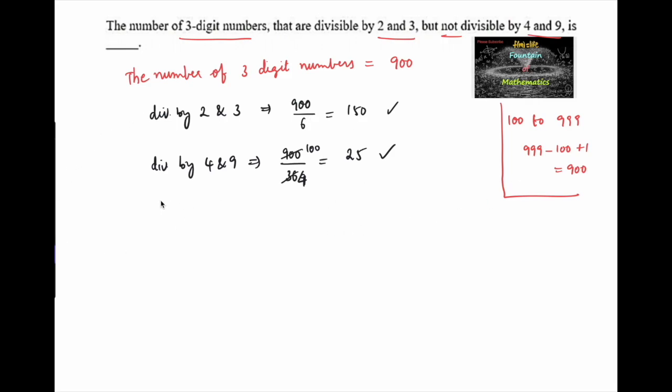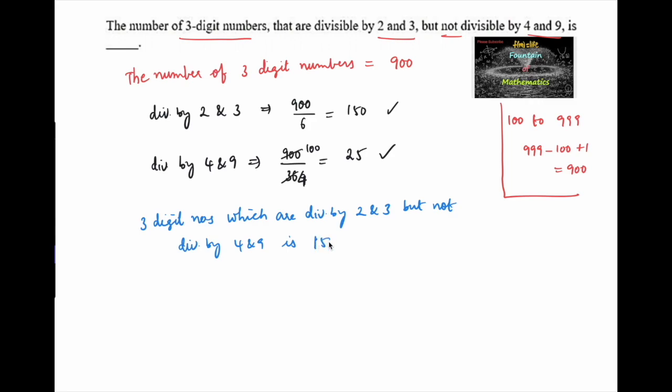So we can conclude that the three-digit numbers which are divisible by 2 and 3 but not divisible by 4 and 9 is given as 150 minus 25, that is 125.